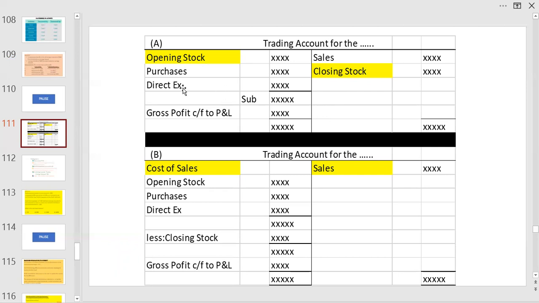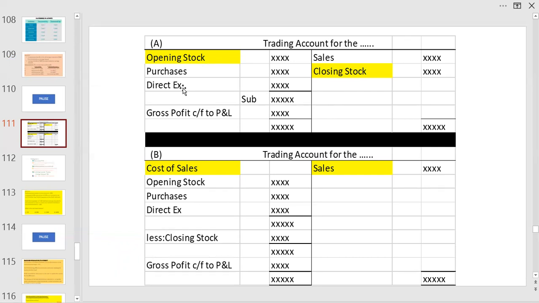Now you see that there's a thing called direct expenditure. What is a direct expenditure? An expenditure which is necessary or incurred to bring the saleable item to the saleable condition or selling place.